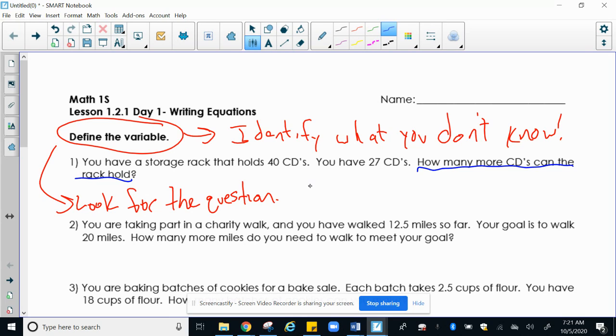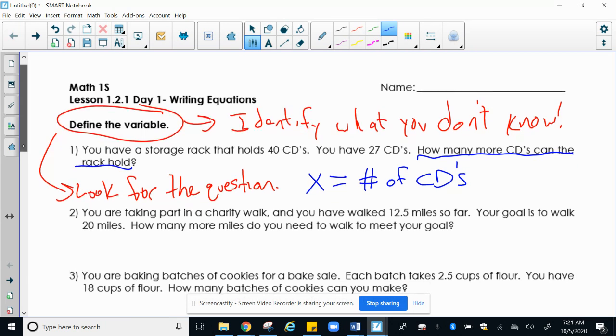So we're going to write X, our variable, equals or represents, in this case, the number of CDs. If we were going to solve this problem, we would need X to represent a number of CDs, and then you would set up an equation and solve for that number of CDs.